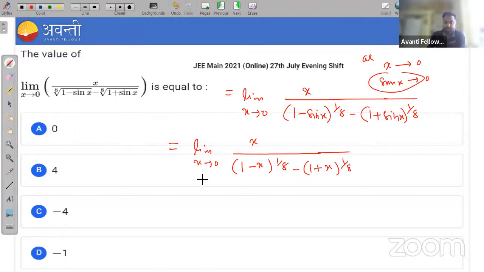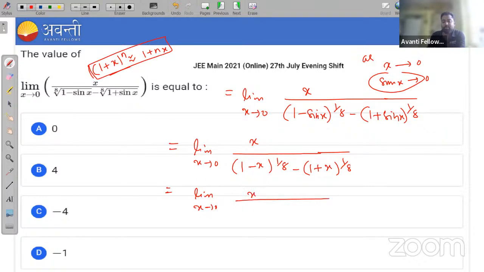Now we know 1 plus x to the power n is approximately 1 plus nx. By using this result, can we write the limit as x tends to 0 of x upon 1 minus x by 8 minus 1 plus x by 8? Can I write it or not?